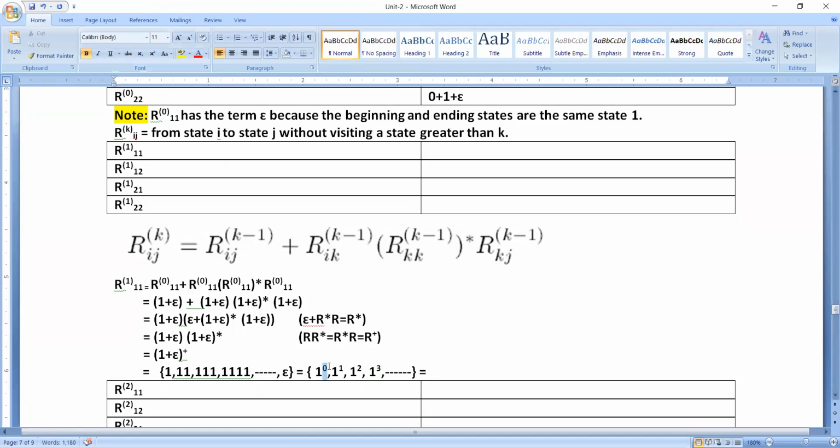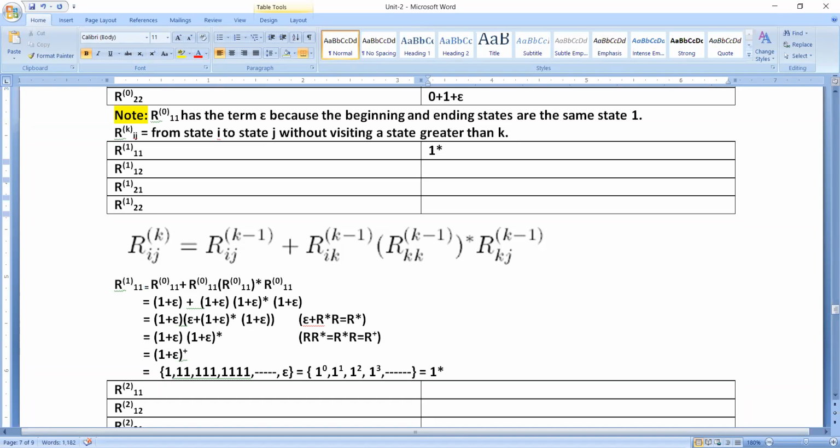The powers have started from 0. So 0 or more occurrences, in the sense it can be written like 1 star. So now the answer for this R power 1 of 1 1 will be 1 star, and this is what we have to fill in.